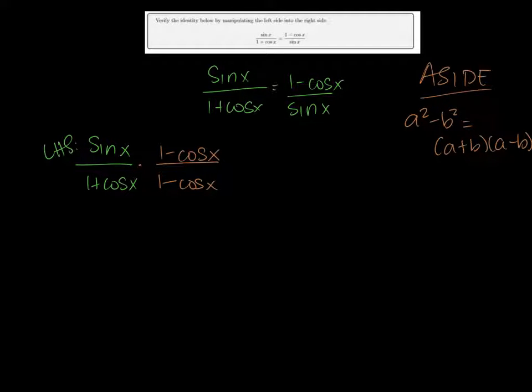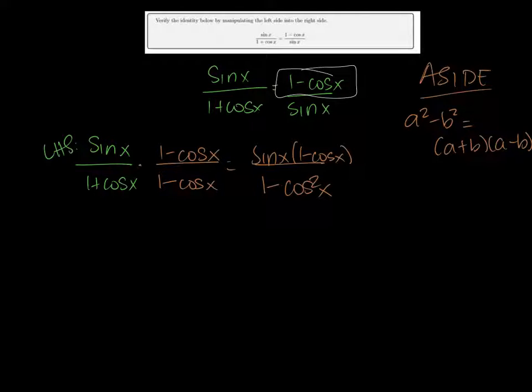This is important here because what we're going to end up with is 1 minus cosine squared x. Sine x times 1 minus cosine x is my numerator, which if you look at the right-hand side where we're going, I want that to be in my numerator. So this is a good hint that we're probably on the right track.